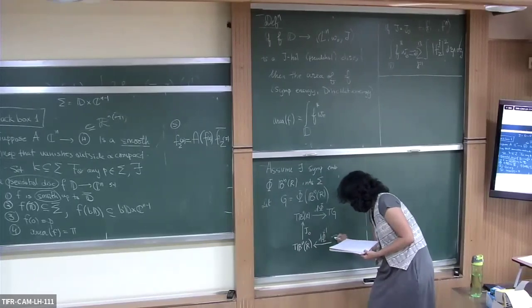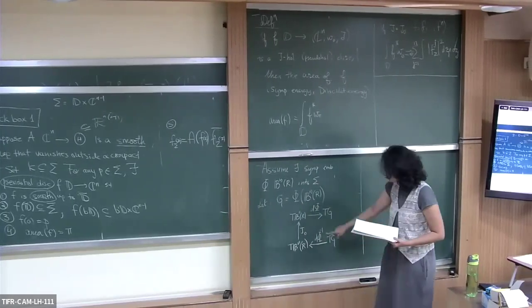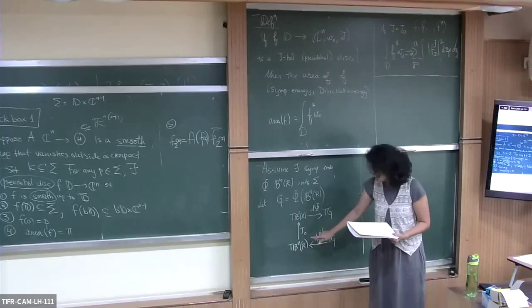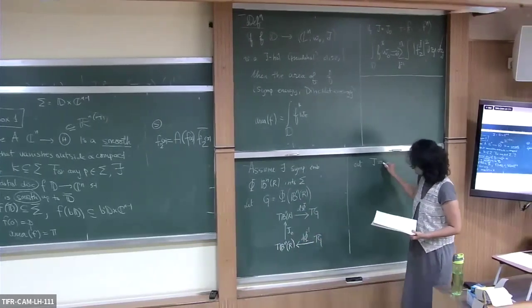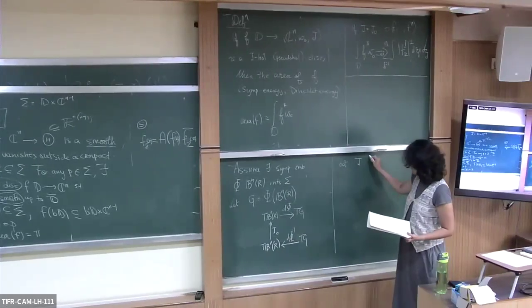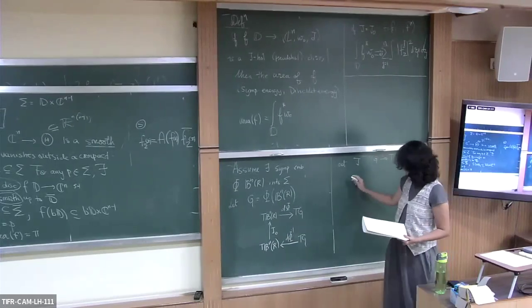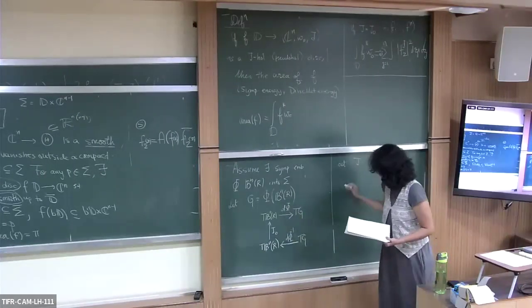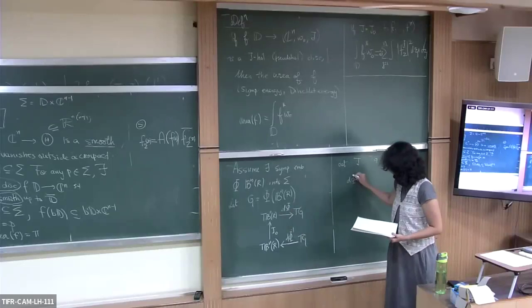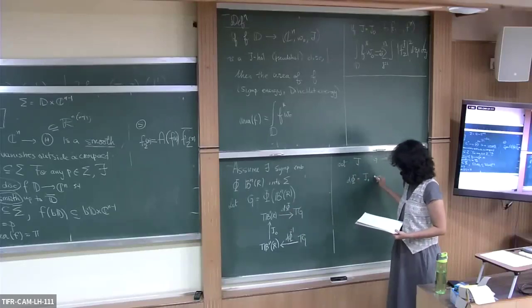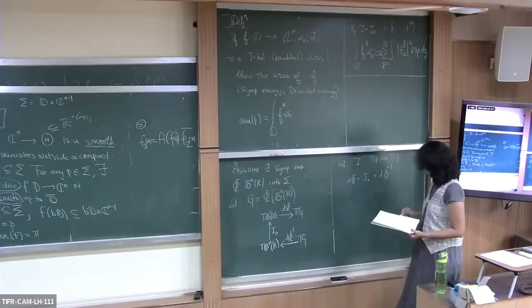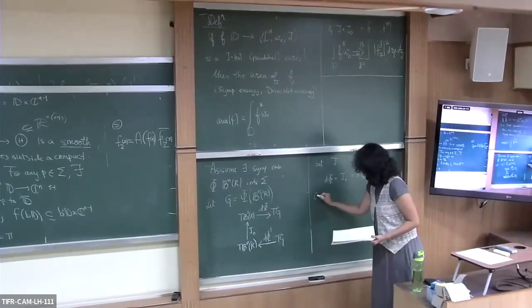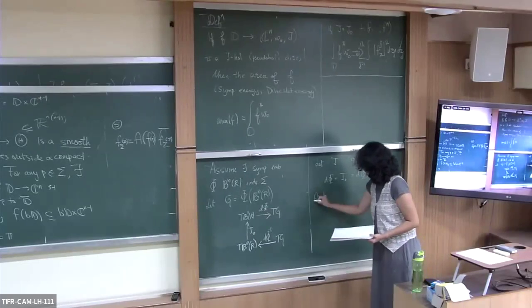All I'm doing with these diagrams is pushing forward the complex structure via dP. So let J go from G to G, so it's a complex structure on the image. It's just going to be the composition: dP composed with J0, composed with dP inverse.